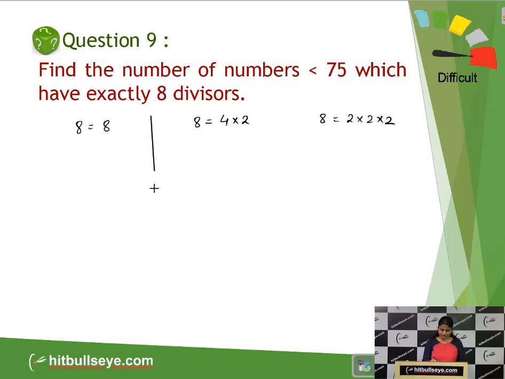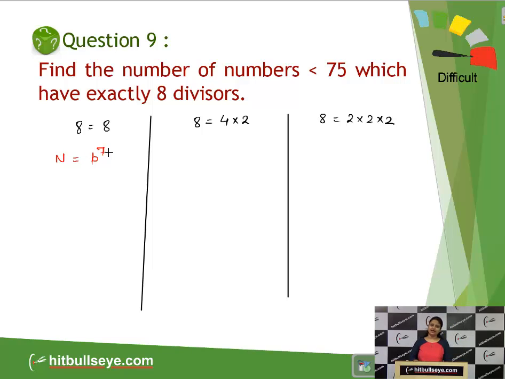These are the only 3 possibilities to write 8. So let us see. If I take the very first case, my number can be p raised to power 7, because in that case only we will have 8 factors. Here I am using the number of factors formula.